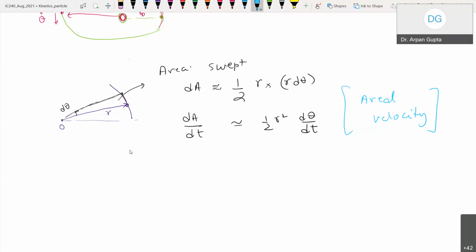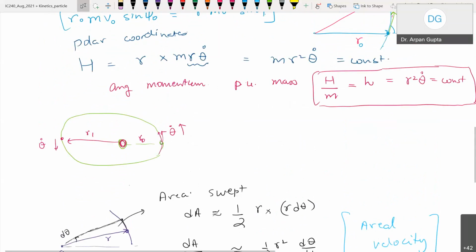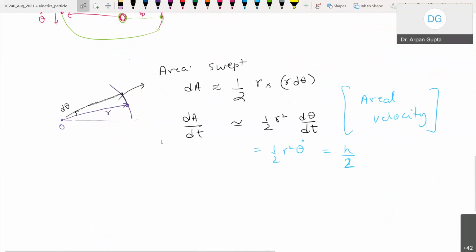So this satellite is moving, and this areal velocity, the rate of change of area, is given by half r square theta dot, which is nothing but h by 2. So r square theta dot, we have seen, is equal to small h, which is your angular momentum per unit mass. So therefore this areal velocity is h by 2, which is again constant.